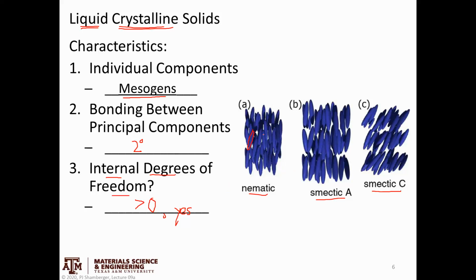But in general, you can see that in this nematic crystal, there is some translational freedom. If I look at one molecule and the position of another molecule relative to that, this one is not fixed in a well-defined rigid point in space. There's some variability in where that molecule could be. So there's some translational freedom. Rotational freedom, maybe these things are free to rotate around their long axis, but less free to rotate around some axis that's perpendicular to the long axis.